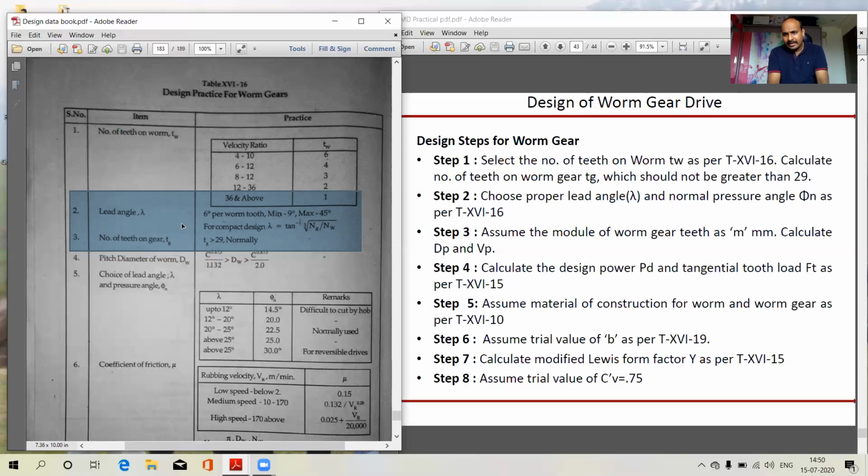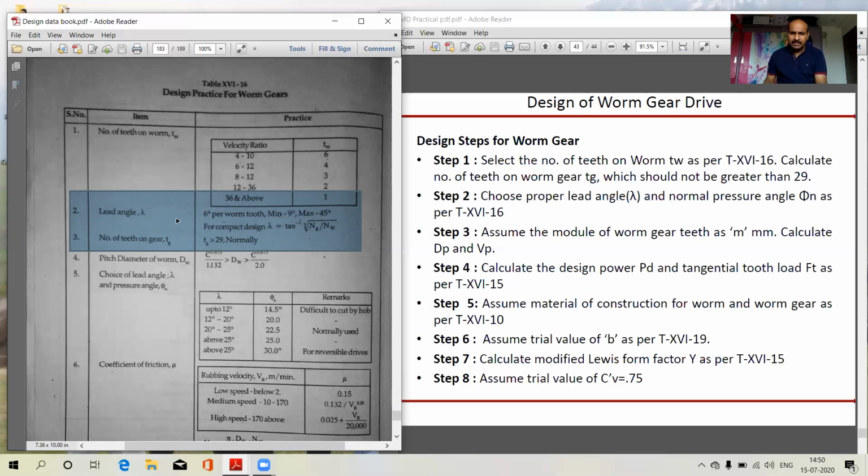We have selected TW as 2 for a velocity ratio of 20. If TW is equal to 2, then the lead angle is 6 degree into the number of teeth. TW is 2 and 6 degree is constant. So 6 degree into 2 is 12 degree. In our case, 12 degree is our lead angle.